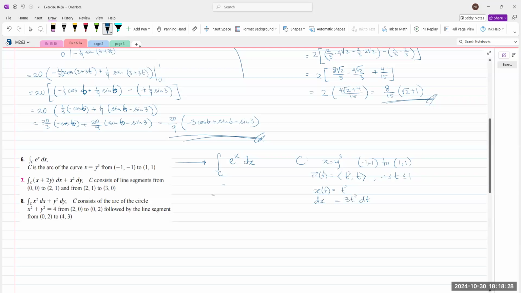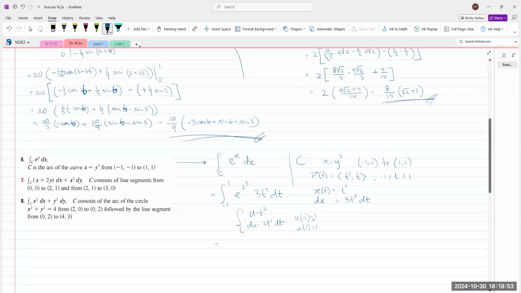So this becomes the integral from -1 to 1 of e to the t cubed times 3t squared dt. If we do substitution u equals t cubed, our du is 3t squared dt. Right, and then u at -1 is -1, u at 1 is 1.